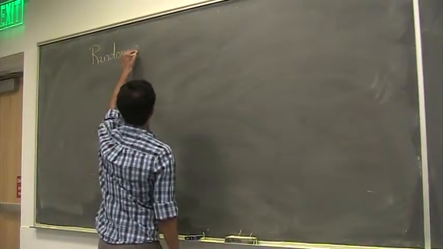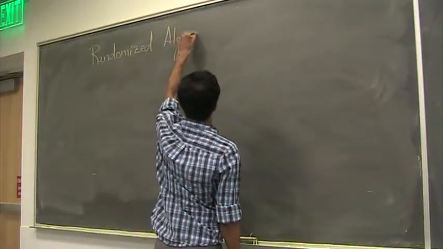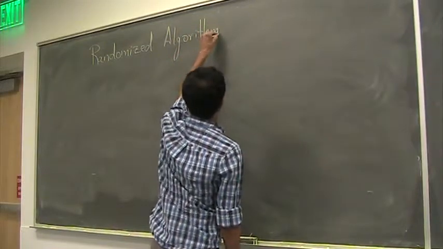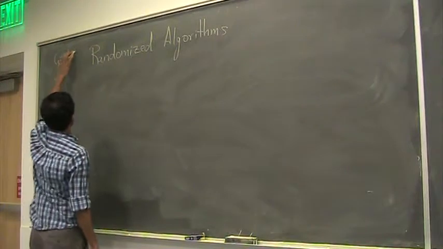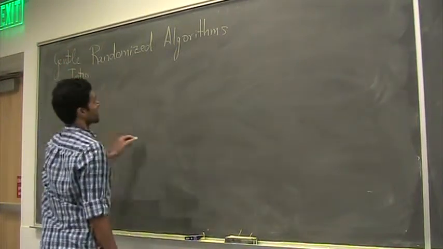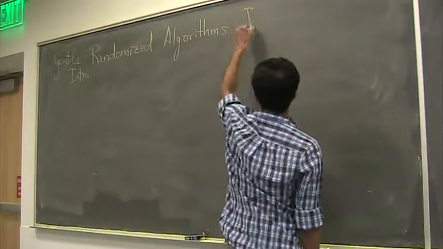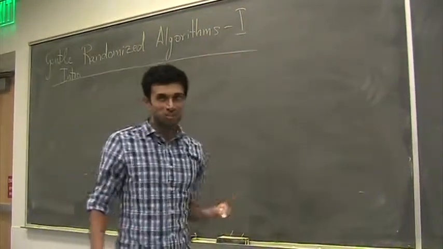Randomized algorithms, which is a huge topic, but I'll just say a gentle intro to randomized algorithms, part 1, and the next lecture will be part 2. So what is a randomized algorithm?